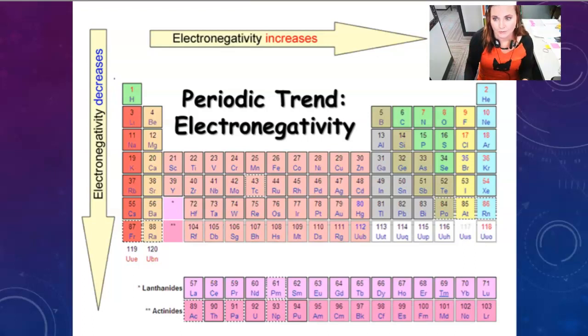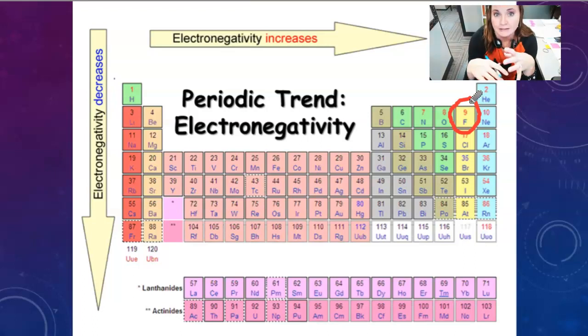Let's first talk about something called electronegativity. So something that's very, very electrically negative really, really wants electrons. Okay? Fluorine is the most electrically negative element on the periodic table. It really, really wants electrons.